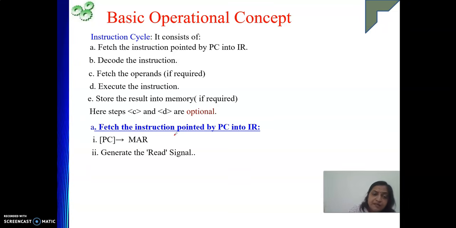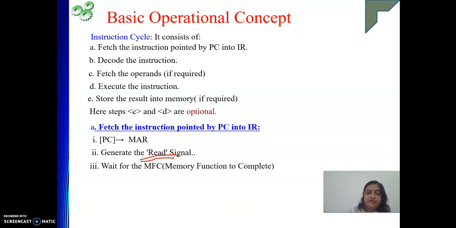The control unit will generate the read signal. After that, you have to wait, because your processor is faster compared to your memory. You wait for the memory function to complete. When memory gives you MFC, it tells you the memory function is complete. Then you can take the data from the data bus into MDR.